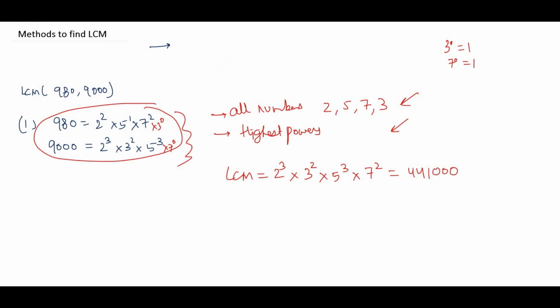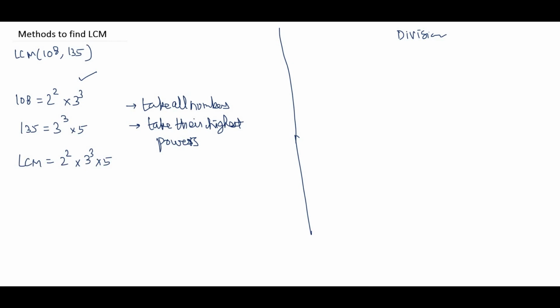For the division method, let's take some smaller numbers. Find the LCM of 108 and 135. For your reference, I am writing down the LCM by the factor method here, and we'll be doing the division method here. Right, now 108 and 135, write it like this.